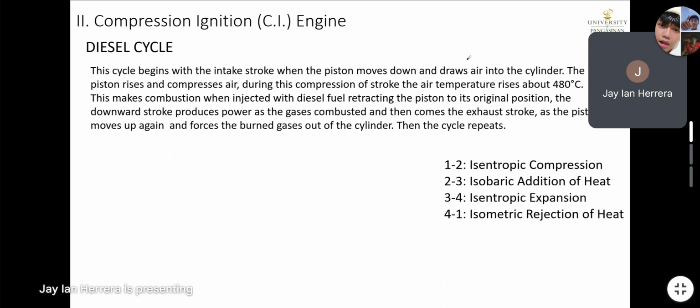So kung narating piston natin, piston cylinder, initially dito yung bore and stroke natin. So pag bumaba yan, parang naging andito na yung piston head natin.